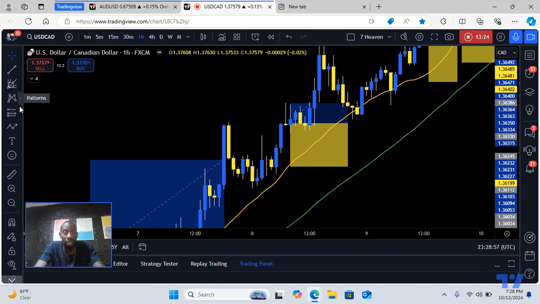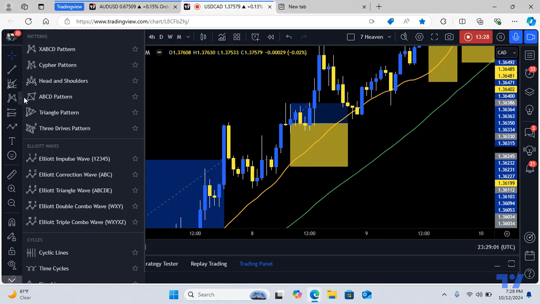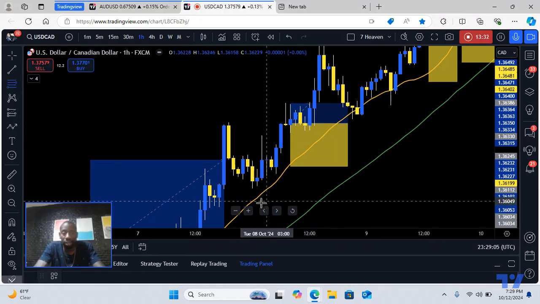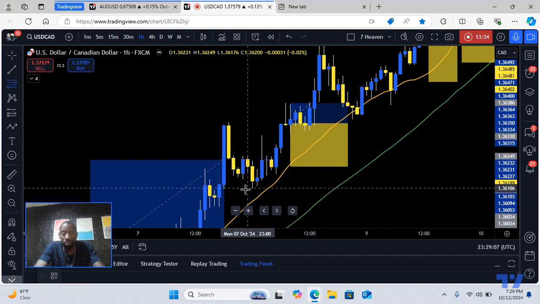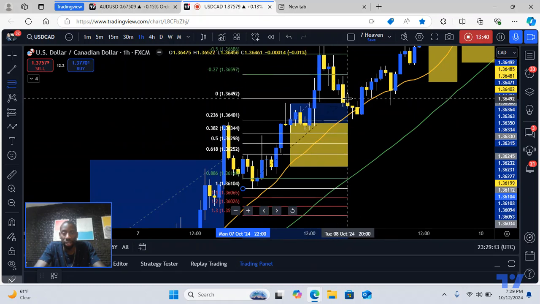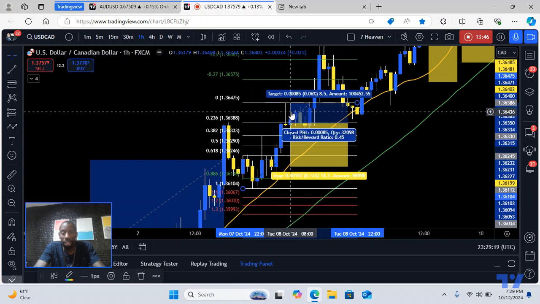So since I got a continuation there on that candle, boom, point A. This is the continuation right here, and point B. And then the market came all the way down here, hit the negative 27.